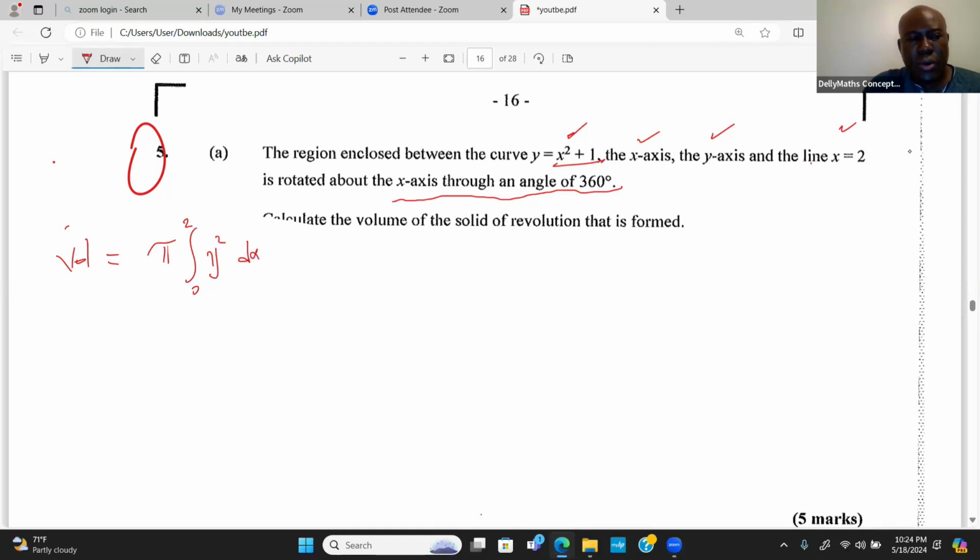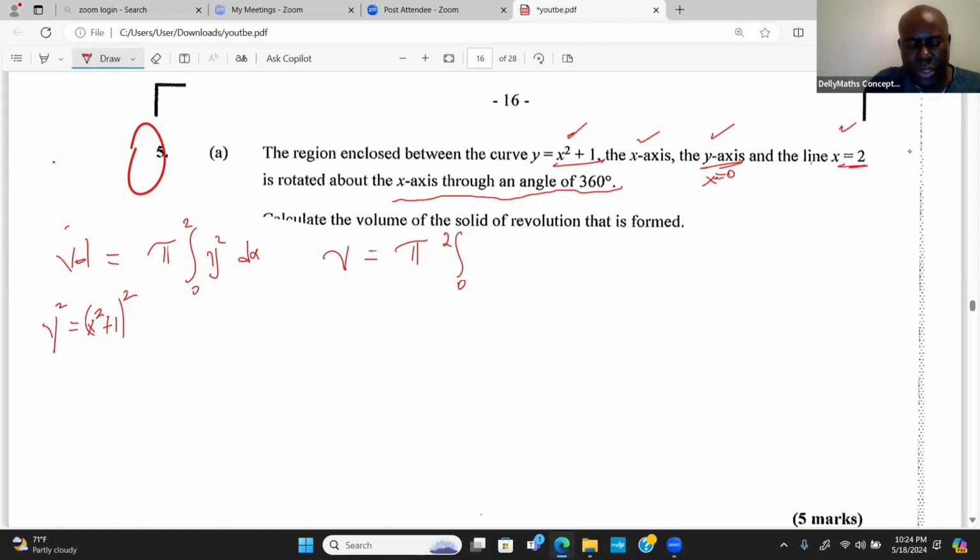So in this case, remember that y is equal to x squared plus 1. And because we're going to do y squared, we're going to have to square this. So basically, the volume here is going to equal pi times the integral from 0 to 2, because we're moving from the y-axis, where x is equal to 0, to x equal to 2.